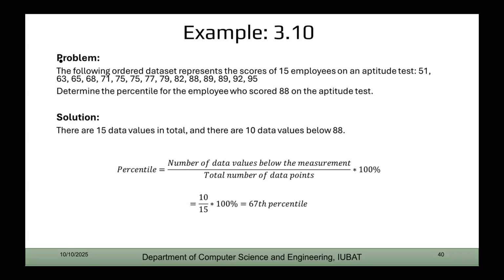So now we have our numbers: the number of data values below the measurement is 10, the total number of data points is 15, and then multiply by 100%. So this is the answer: the 67th percentile. That is the answer to determine the percentile for the employee who scored 88.